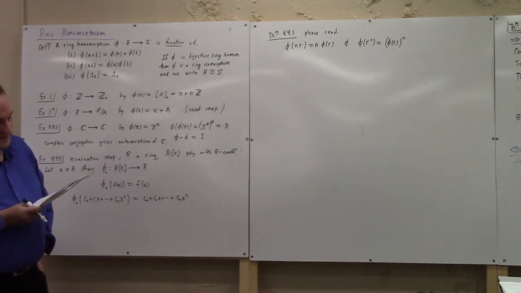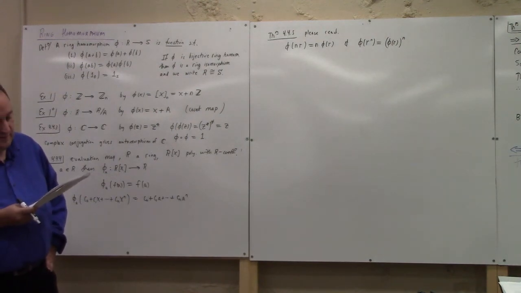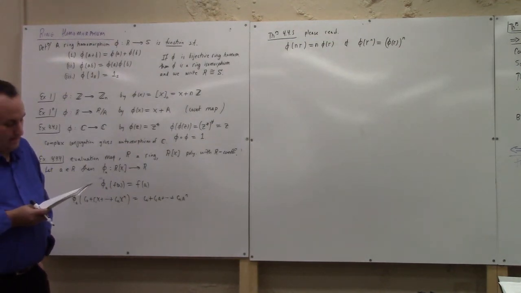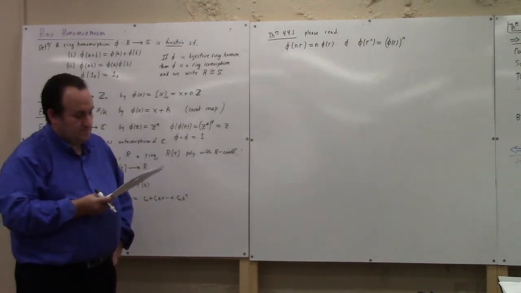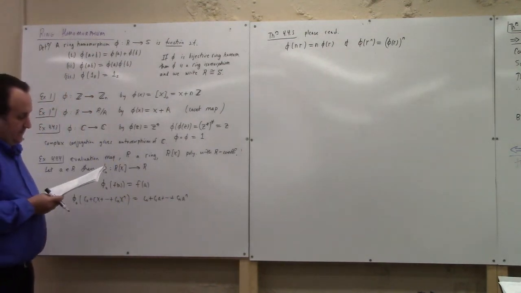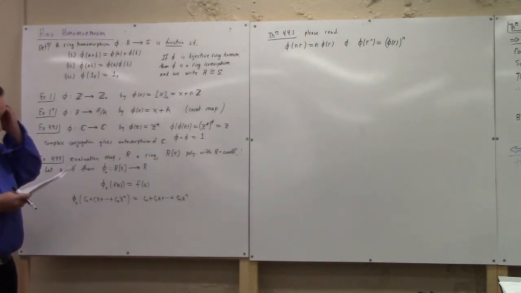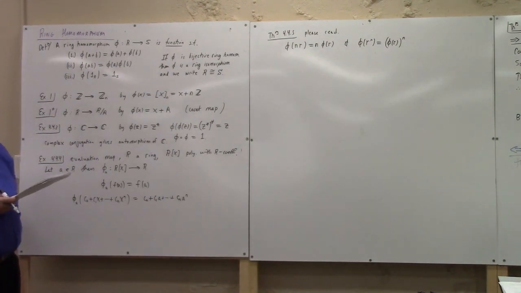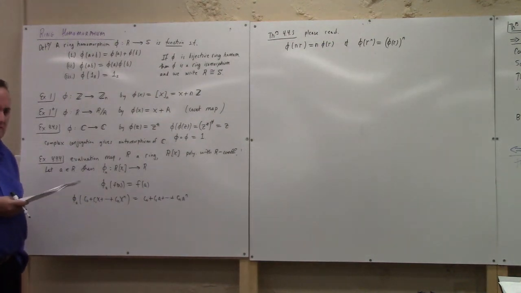And finally, if phi is a ring isomorphism, then its inverse map is a ring isomorphism. So I probably will assign you the proof of one of these, or two, maybe in your assignment 6. These are not difficult to prove, and I think they're pretty good homework exercises for you guys at this point.